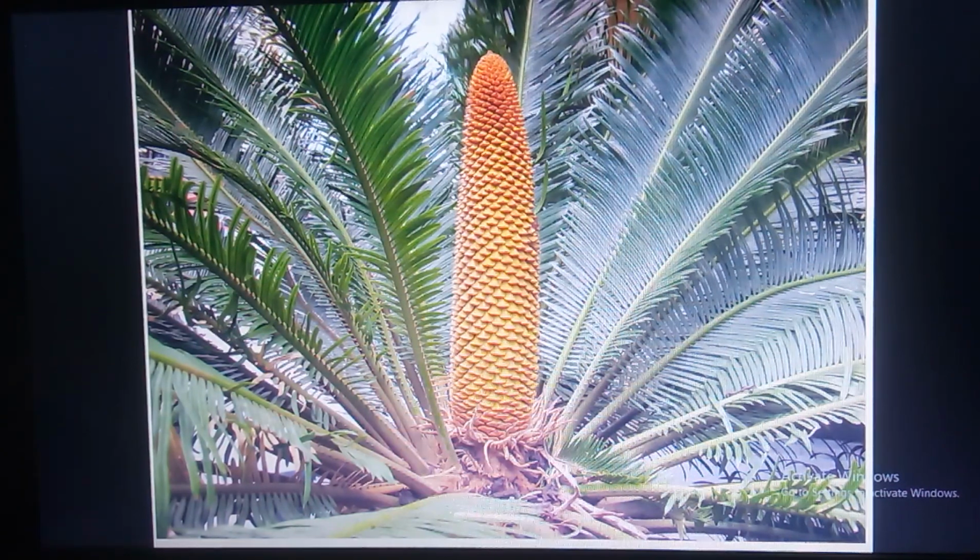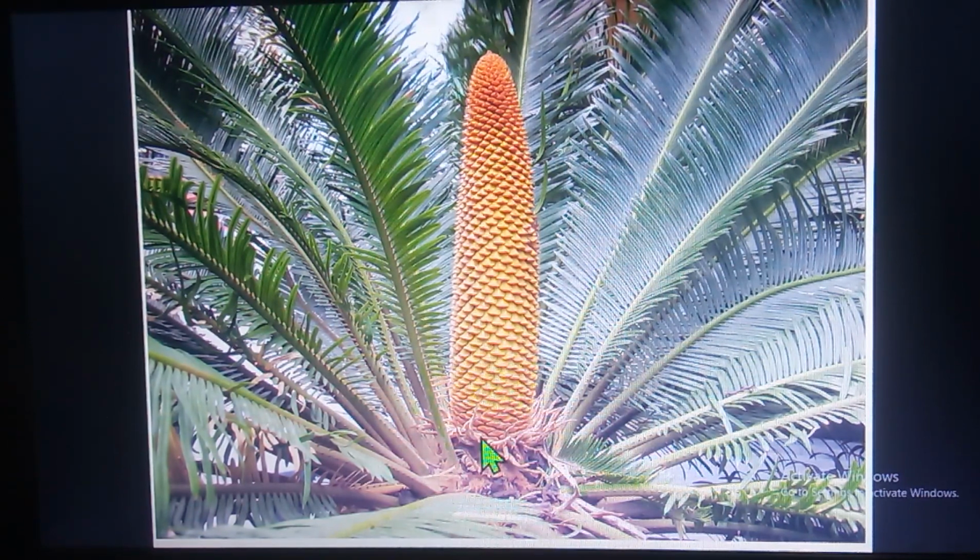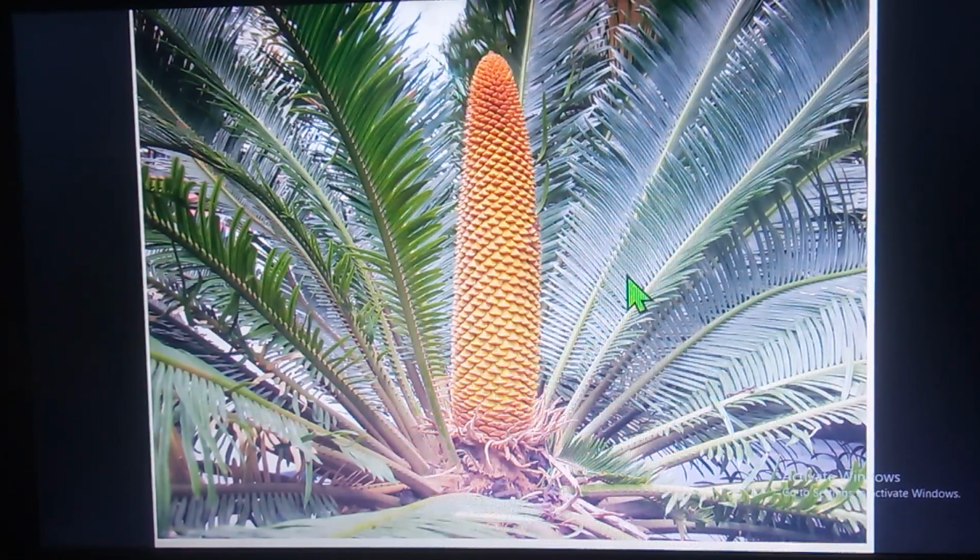Then the new male cone will start to appear. We see here that the male cone develops singly at the apex of the stem, with the crown of the foliage leaves, but in some species there may be more than one. Maybe 3 or 4 cones will arise at the apex of the stem.